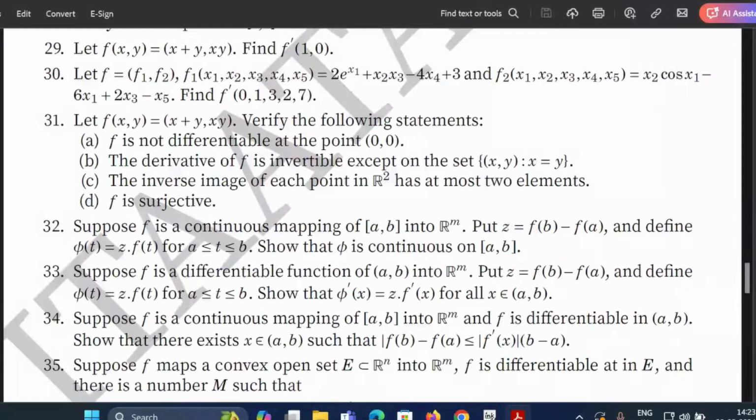Question number 33, we have to calculate the derivative of the inner product again. So f is a differentiable function from [a, b] into Rn. Again I will ask you to show this: f and g both are differentiable functions. Is it 32 correct?